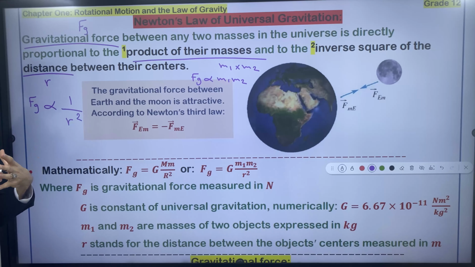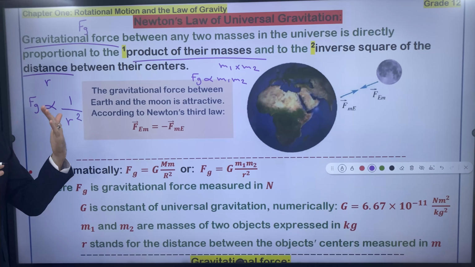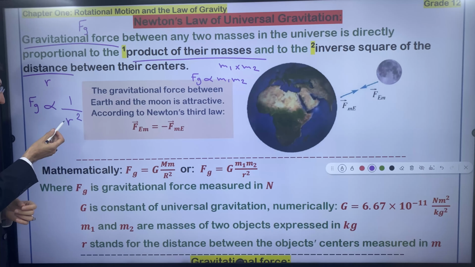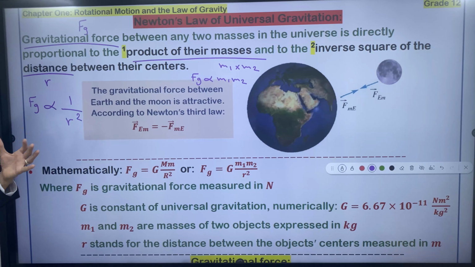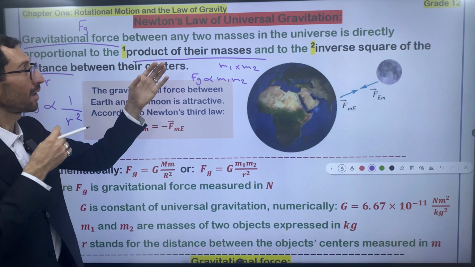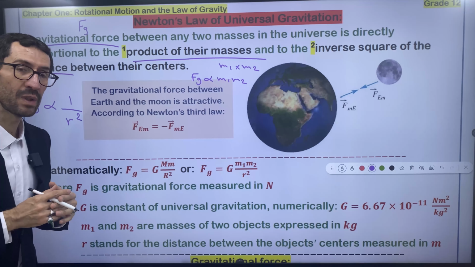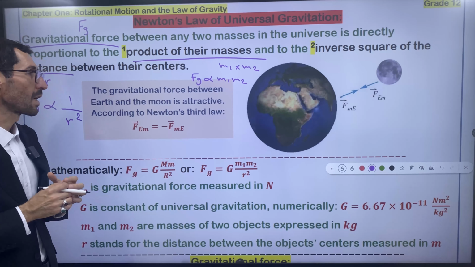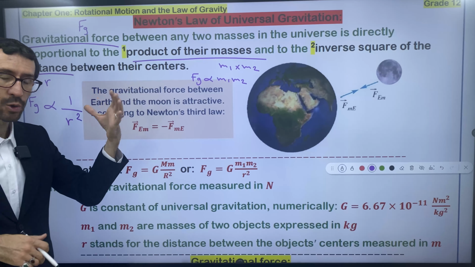because this law is an inverse square law. It's not just an inverse law, and it's not just a square law. It's an inverse square law, meaning the distance is inverse and it's squared, right? Keep in mind that Newton's universal gravitational law is an inverse square law. So the law talks about two things.